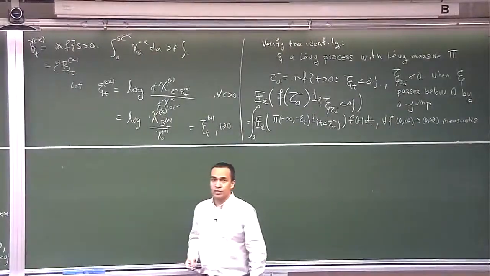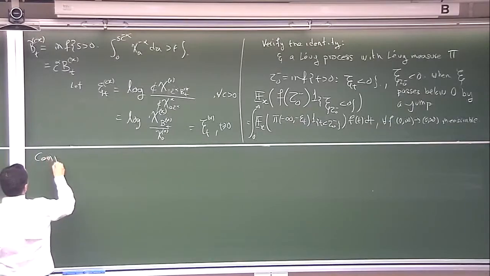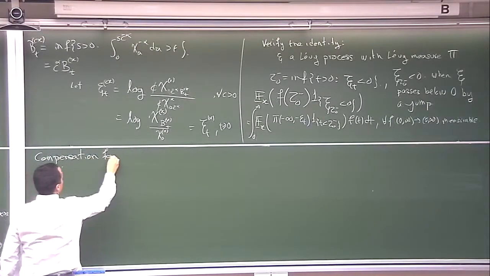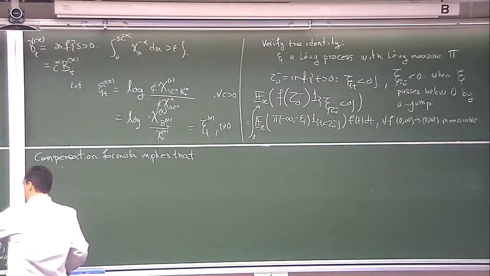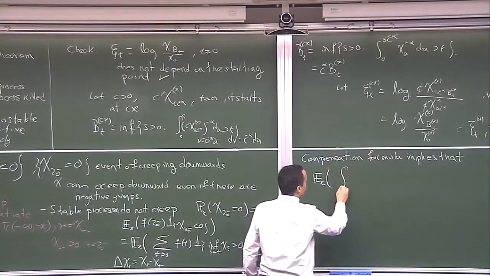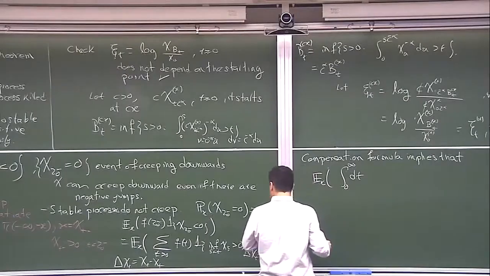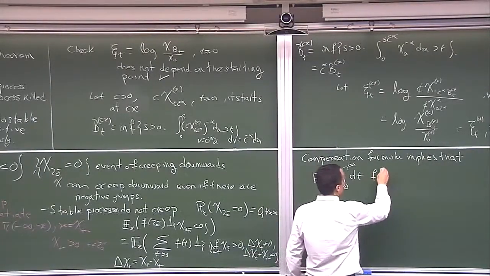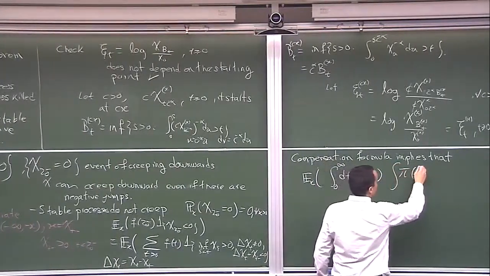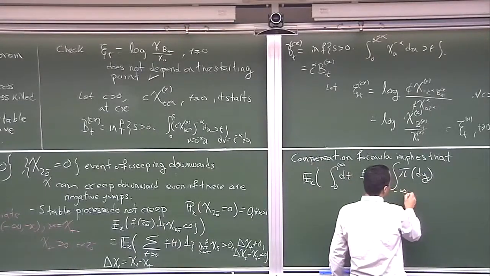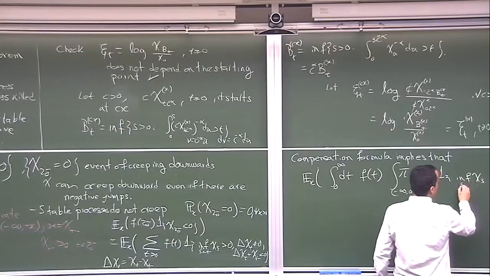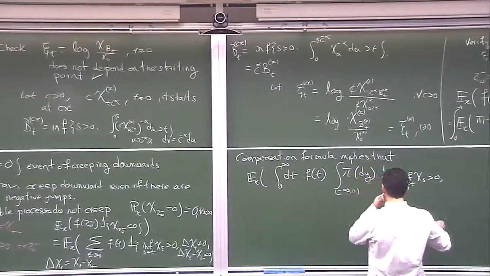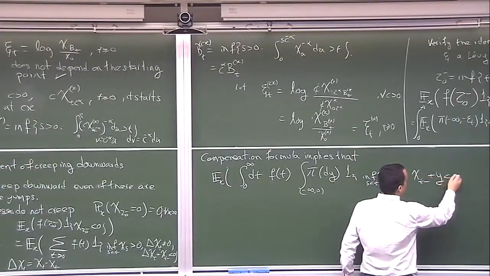Well, now that I have that expression, and I remember the compensation formula again, then I get that this is equal to the expected value starting from x for the integral between 0 and infinity of dt f t, the integral pi dy from minus infinity to 0 of indicator infimum of x s for s smaller than t is bigger than 0, and then x t minus plus y is smaller than 0.